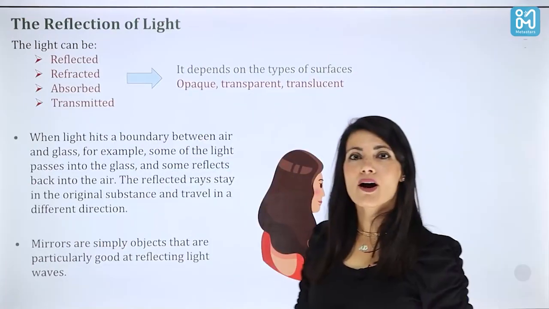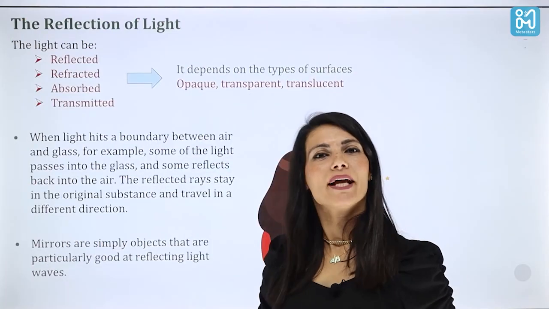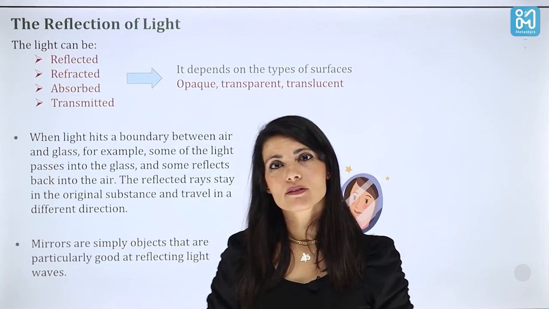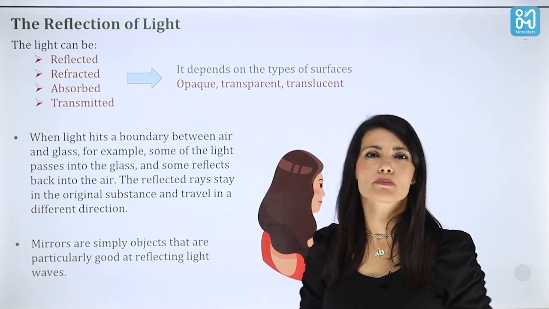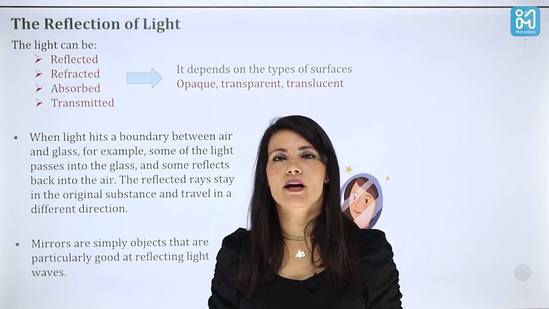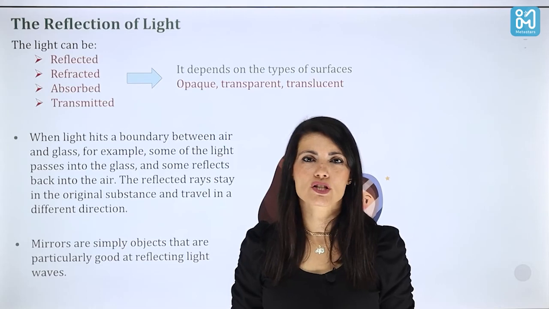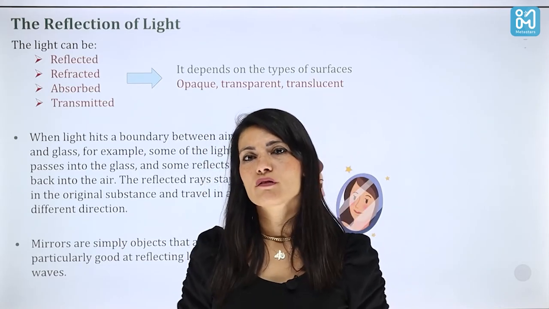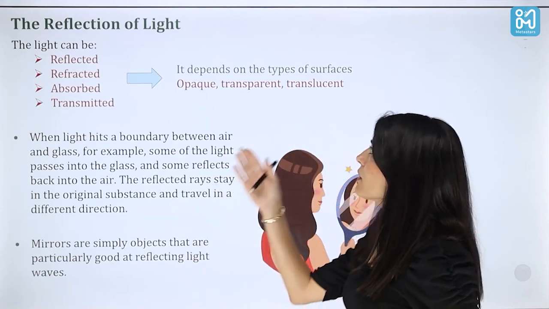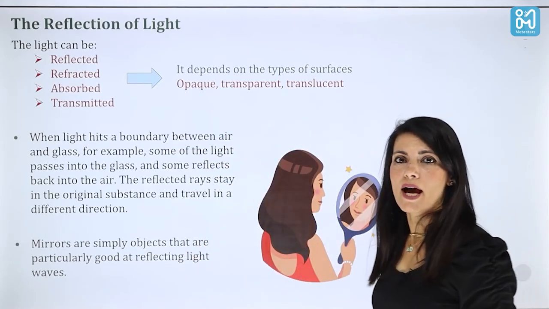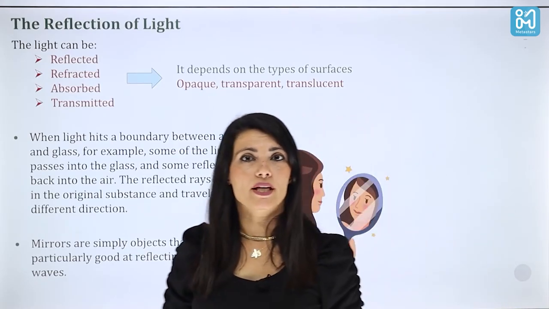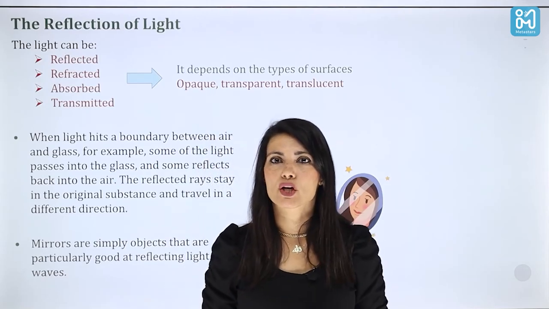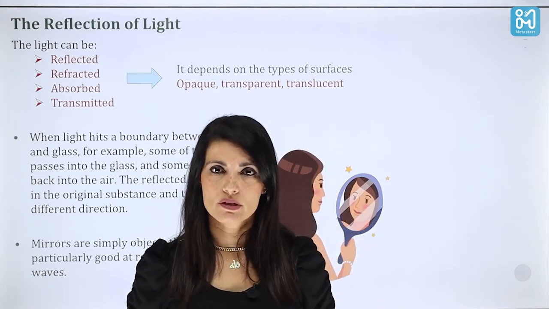Now, light can be reflected, refracted, absorbed, or transmitted. And it actually depends on the surfaces that the light encounters. Now, the types of surfaces we have are three types: opaque, transparent, and translucent.